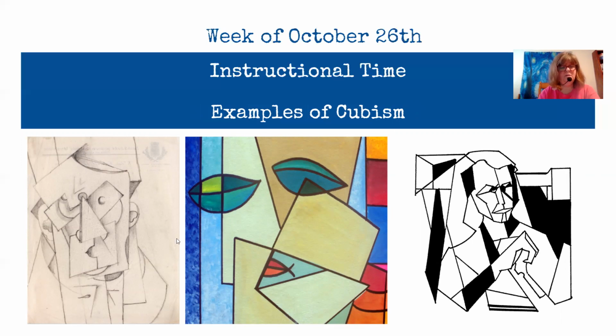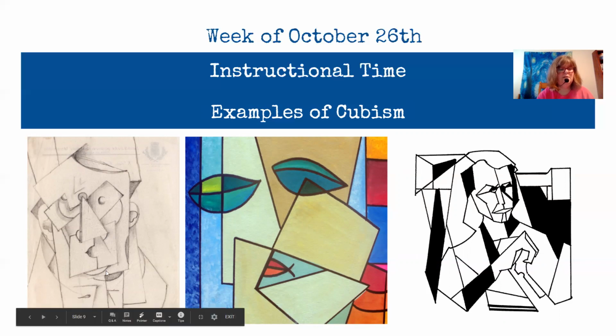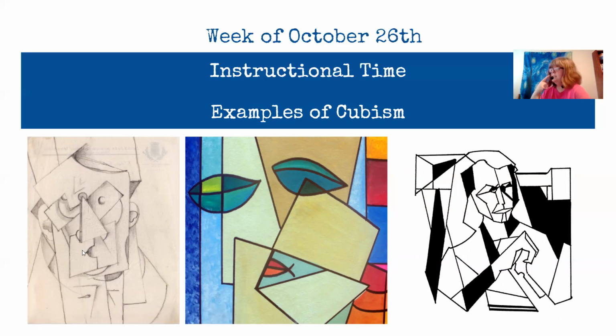The one on the left in pencil, you can make out, well, I see two eyes, but they kind of look like they have been cut out and kind of moved around, right? And the nose is more of a triangle, but you got the nostril on one side is up, and the other one we can only see part of it. And the chin, I see two chins, one here and one here. And the mouth looks like it's a side view instead of straight on.